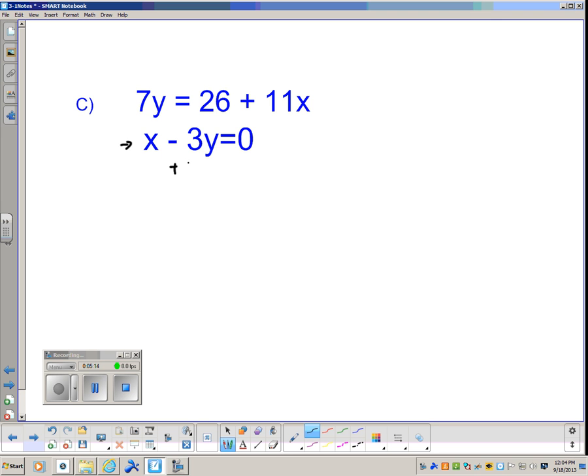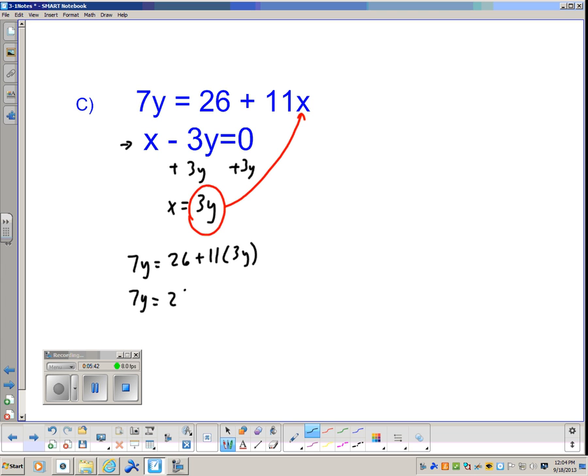I'm going to add 3y to both sides of the equation, and I get x equals 3y. So now what do I do with that? I'm going to substitute that into the first equation. It says x equals 3y, and I'm going to plug that into the other equation for the x. So I get 7y equals 26 plus 11 times 3y.